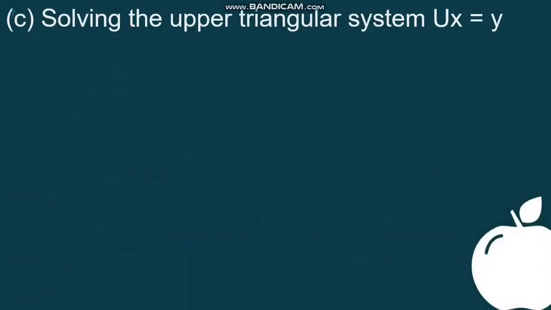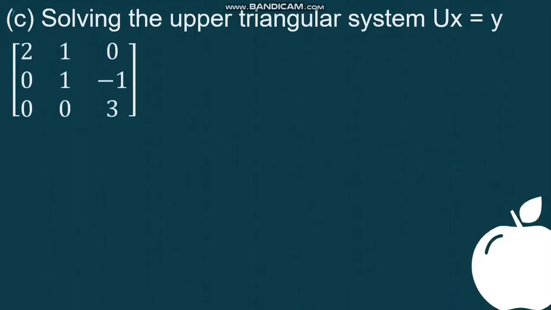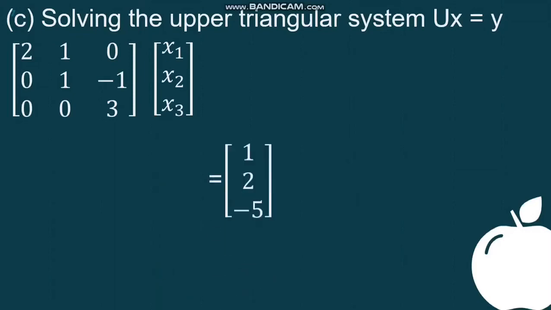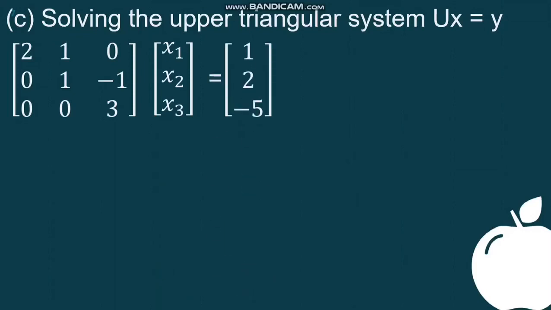We are now in letter C, solving the upper triangular system. U multiplied by x is equal to y. Using the elements of our upper triangular matrix, we will multiply x sub 1, x sub 2, and x sub 3 is equal to the value of our y, which are 1, 2, and negative 5.